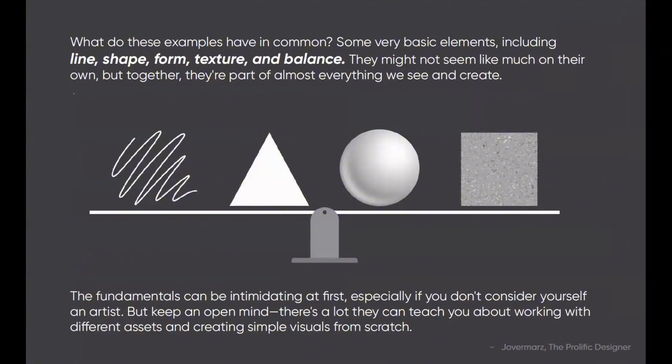The next is form, the spherical shape, and texture on the square. But did you notice balance is like a scale down here holding them together? You see? Balance was not shown in a different form. Instead, balance helps you to balance the other fundamentals together.